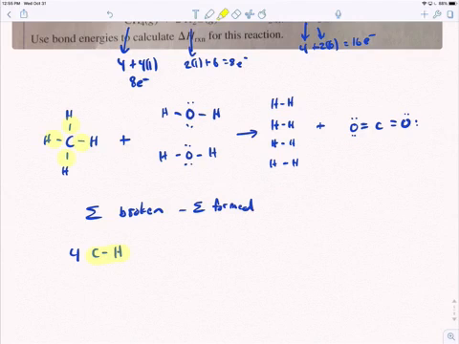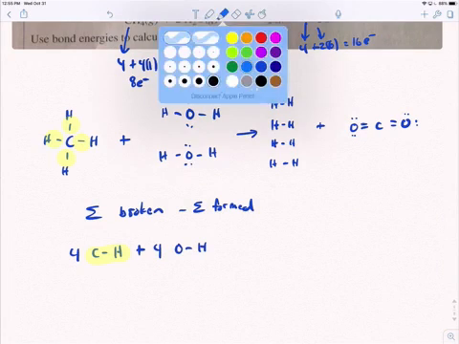And apologies to anyone who is colorblind. And we're breaking 4 oxygen-hydrogen bonds. And I'll leave blue for this.